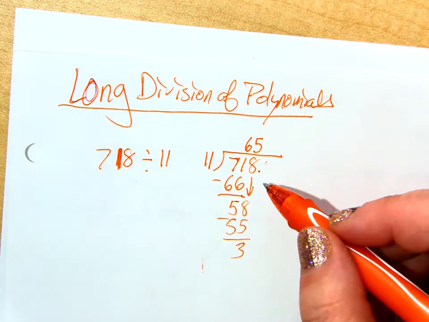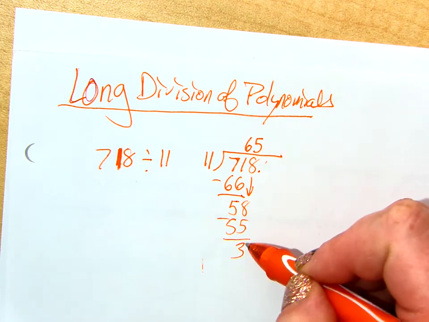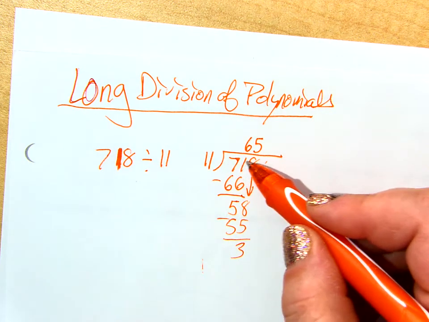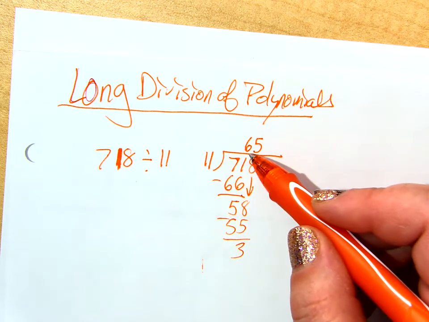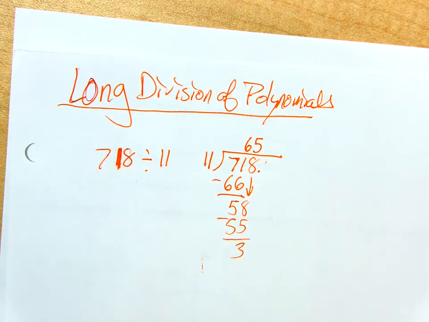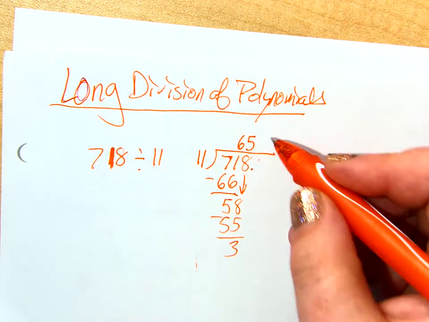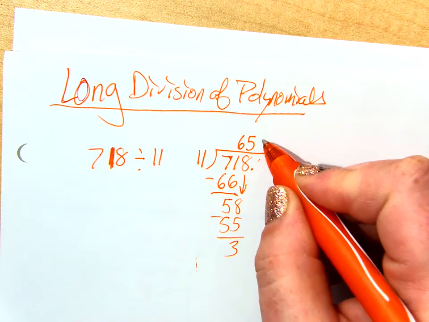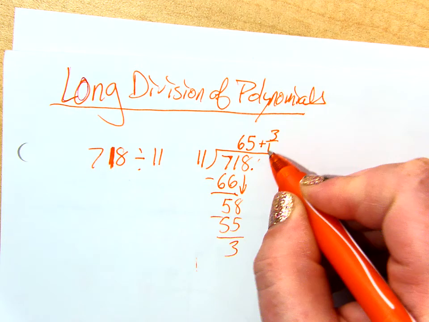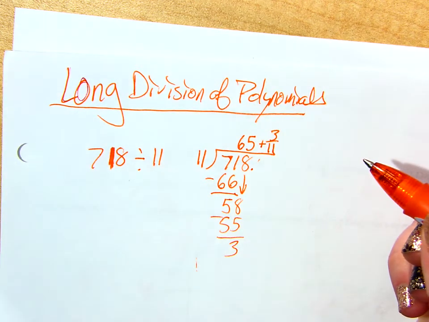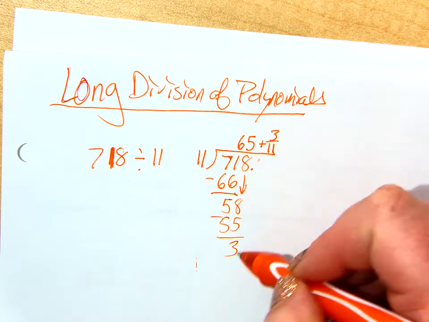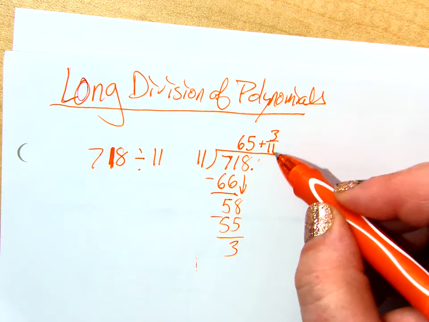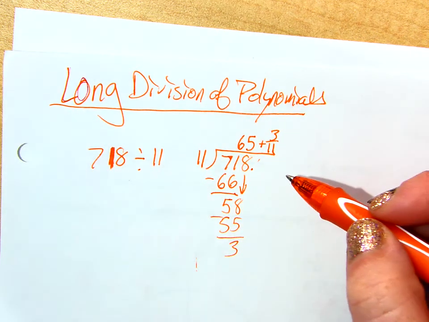Are you aware that the remainder, so this means that if I take 718 and I divide it by 11, it goes in 65 whole times with 3 left over. So can I write my answer as 65 and 3/11ths? You can, yes. So I just take whatever my remainder is and I put it over whatever I was dividing by.